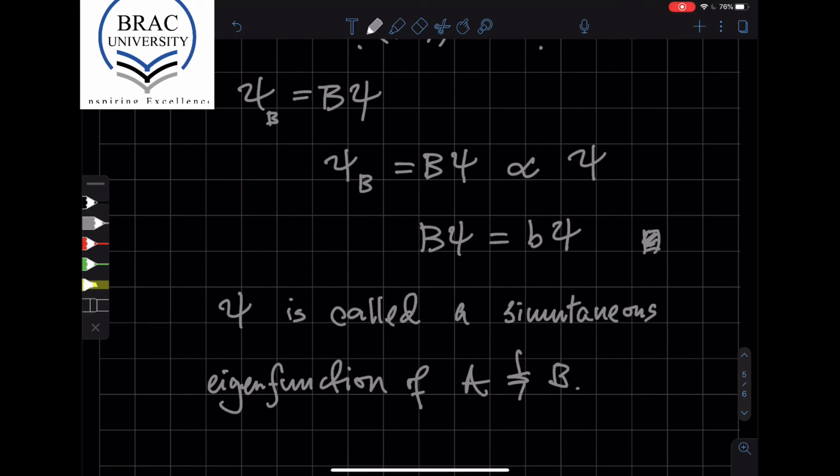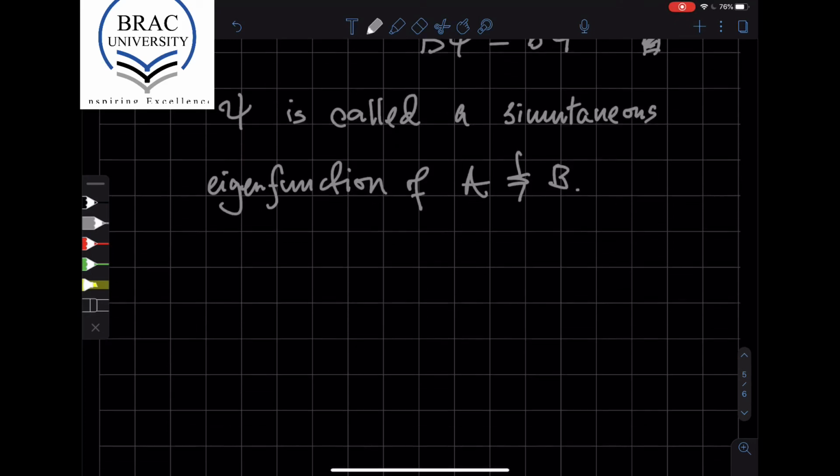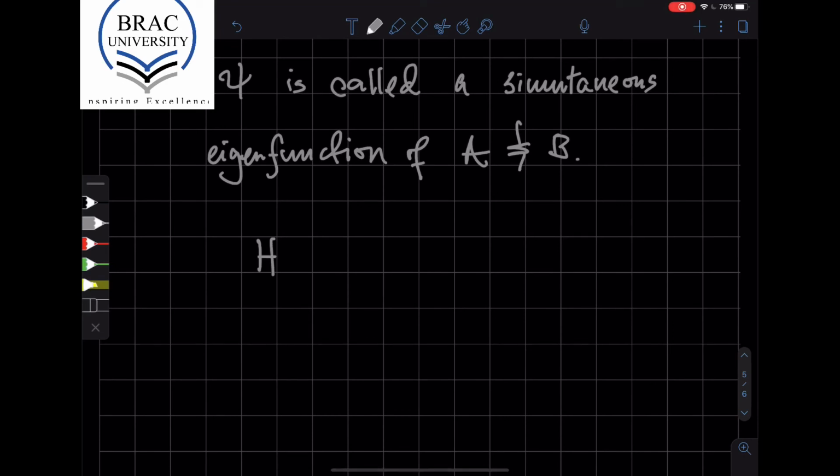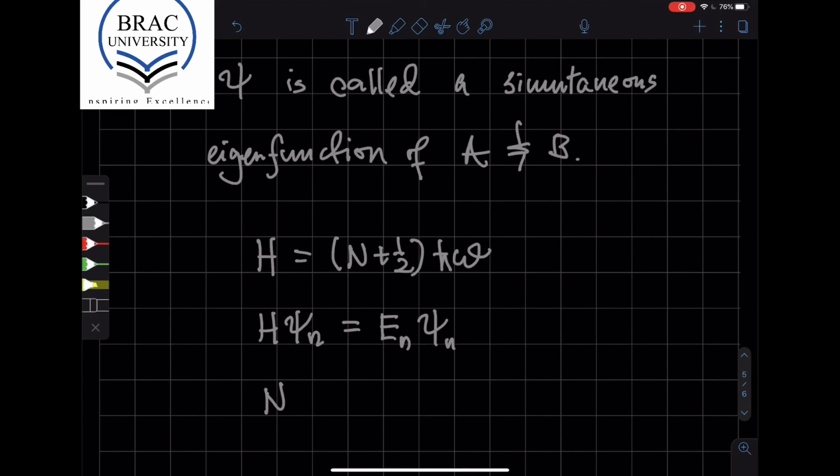So now let's come back to our particular case. In our particular case, H is equal to n plus half times h bar omega. So let's assume that the eigenfunctions of H are denoted by psi n, and these are given by some energies, which we will call En, times psi n. And then the eigenfunction psi n is also an eigenfunction of n, and let's denote that eigenvalue by small n.